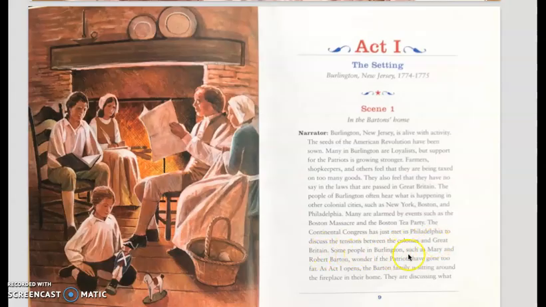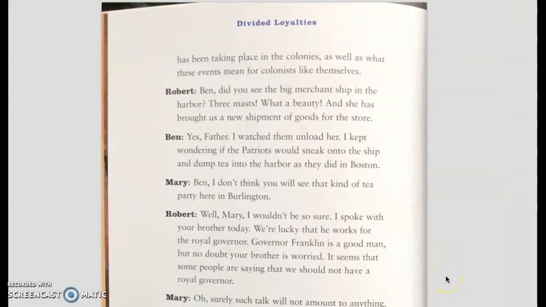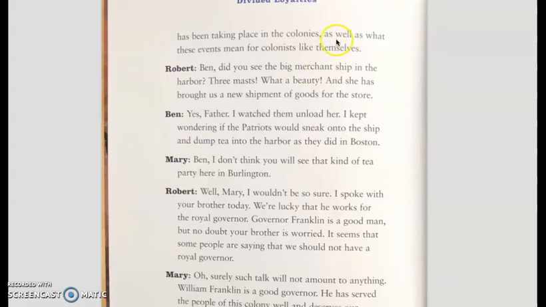Some people in Burlington, such as Mary and Robert Barton, wonder if the Patriots have gone too far. As Act 1 opens, the Barton family is sitting around the fireplace in their home. They are discussing what has been taking place in the colonies, as well as what these events mean for colonists like themselves.